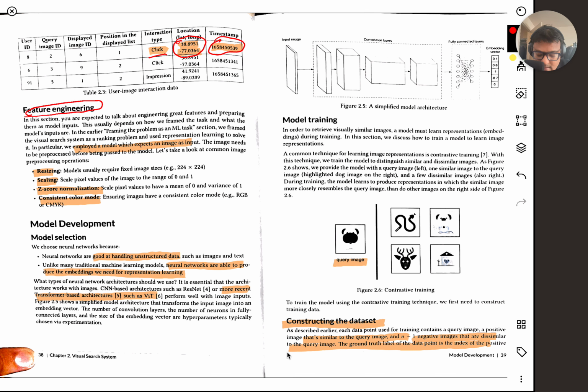But in this case, you're trying to build a visual system, a system which just takes an image as input. So once we have discussed the feature design for users and the normal images, the next part is how do you actually build a model.